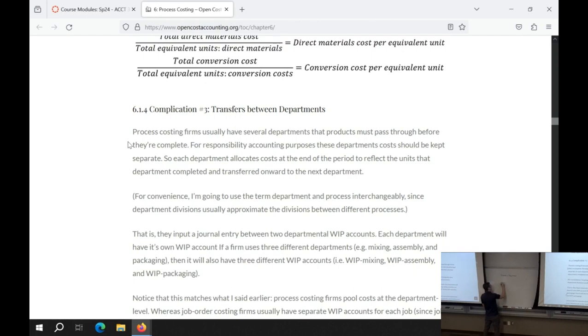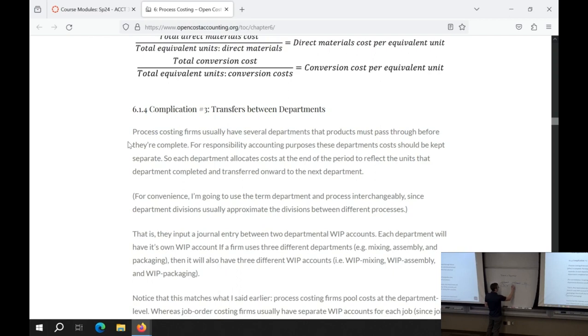So we have a WIP account for process A, then a WIP account for process B, and let's just say there are 2, and then they get finished. All right, so what we have to do is trace our costs here and divide them up into ending WIP and units completed in department or process A, and then they're going to move over.